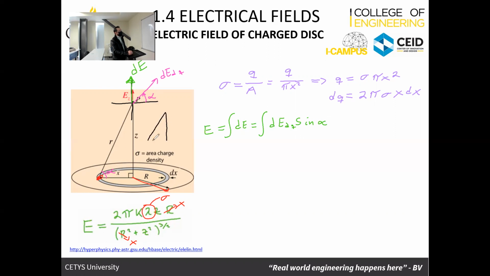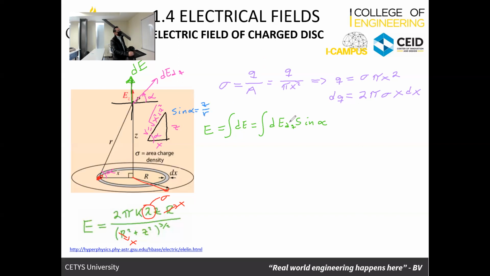If we look at the triangle here, we've got alpha, z, x, and r equals the square root of x squared plus z squared. Then we know that the sine of alpha is equal to z divided by r.